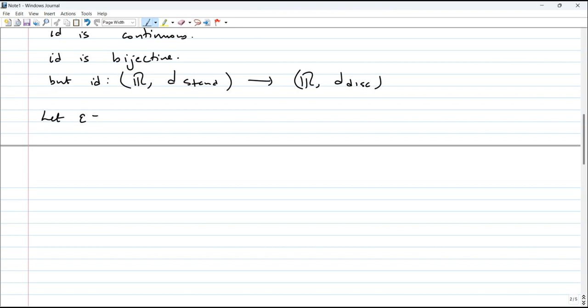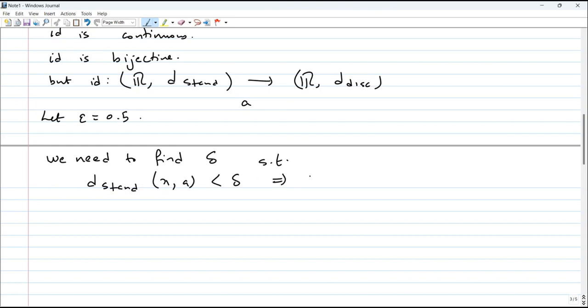So let epsilon equal 0.5. Then what we need to show is, let's pick a point, say A. We will show that this function is not continuous at A. If epsilon equals 0.5, we need to find a positive number delta such that the standard distance of x, A is less than delta implies the discrete metric of the function applied to x and A, which is the identity function x, A, is less than epsilon, less than 0.5.